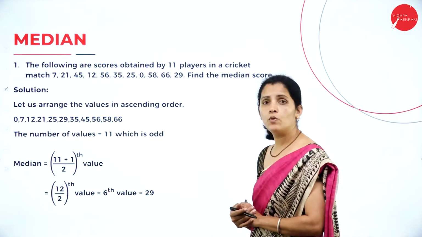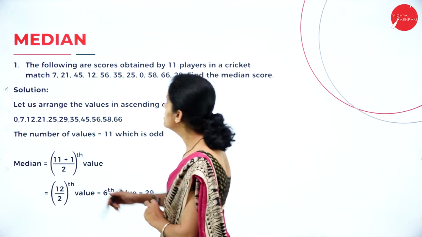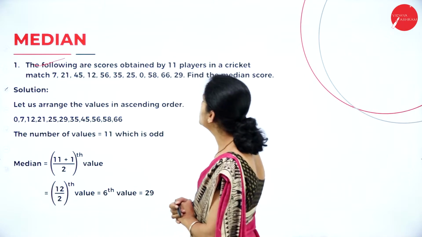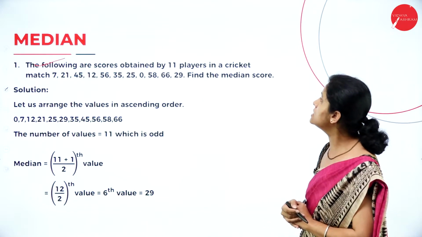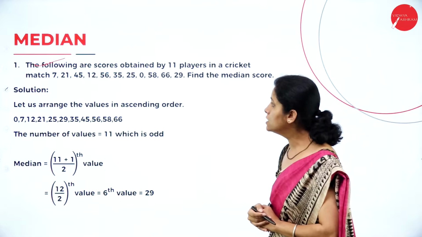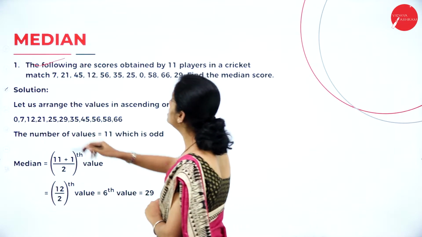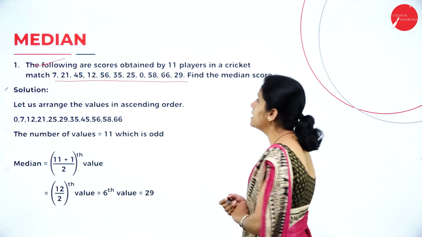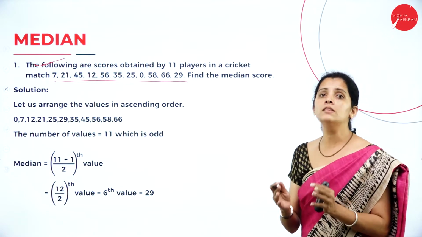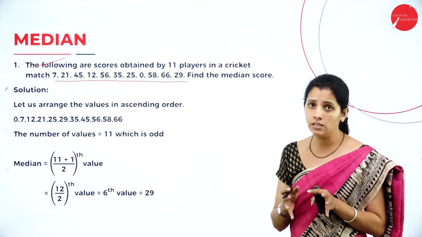So dear student, I'm going to have the question, that is, the following are scores obtained by 11 players in a cricket match, and these are the scores. If I consider the scores, all the scores are scattered.